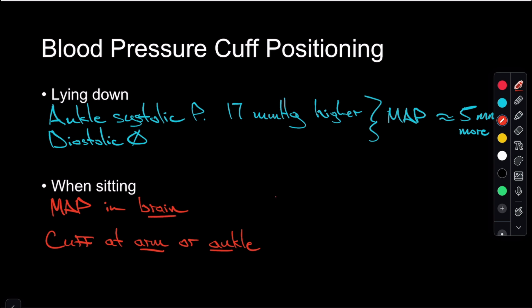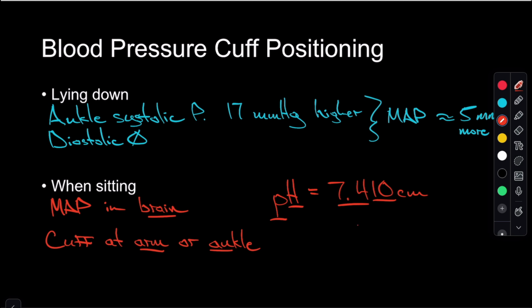Now, this idea is debated because of autoregulation, but classically, there's a mnemonic that says pH equals 7.410. So for every 10 centimeters that you go up in height, you have a change of 7.4 millimeters of mercury.